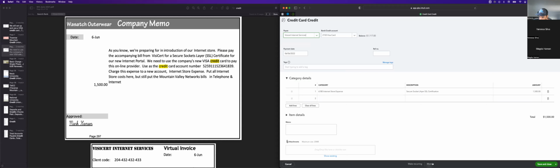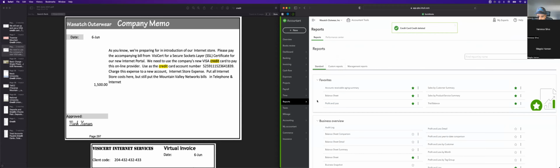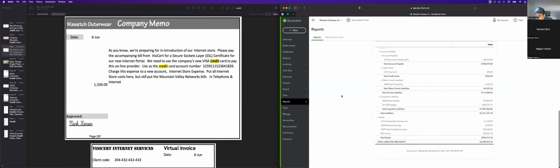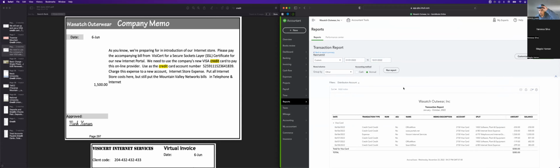Yeah, exactly. So I just read your message, Magna, and I'm going to delete this one because I've already booked the correcting entry for that one. And all the other ones, you'll want to go in and redo those as expenses and not as credit card credits.